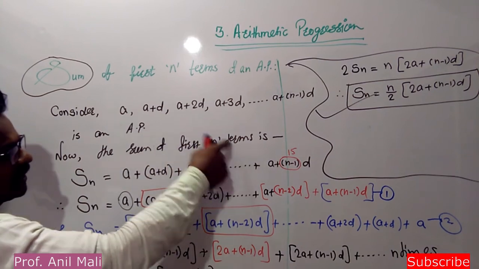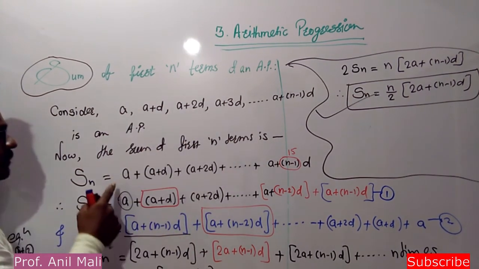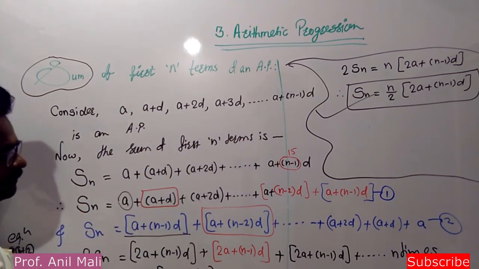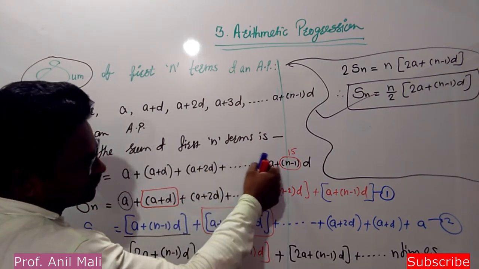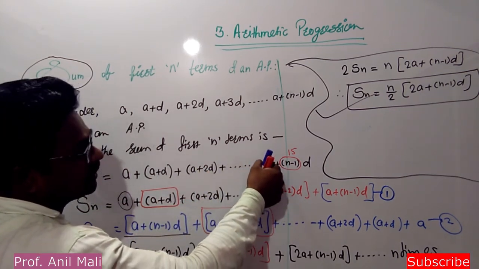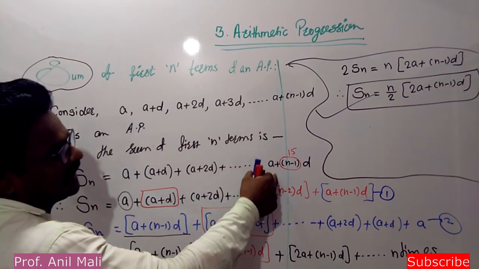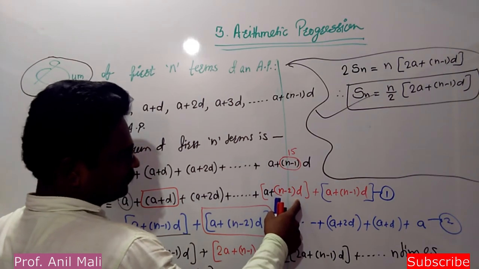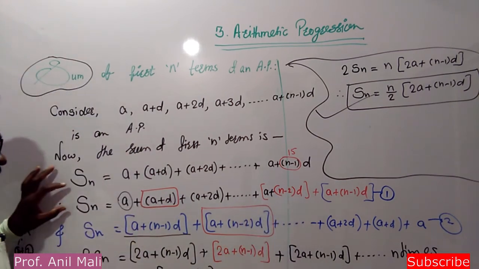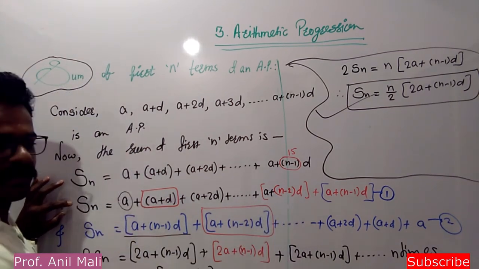Now the sum of all terms in an AP is given in this way. We have just added one more term, which is the previous of the last term, and that will be a plus (n minus 2) into d. Once you get this step, this is your equation number 1.